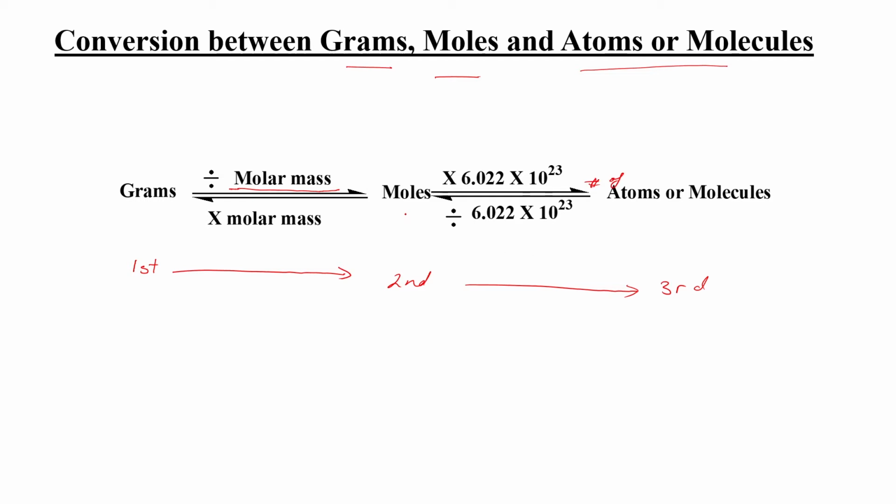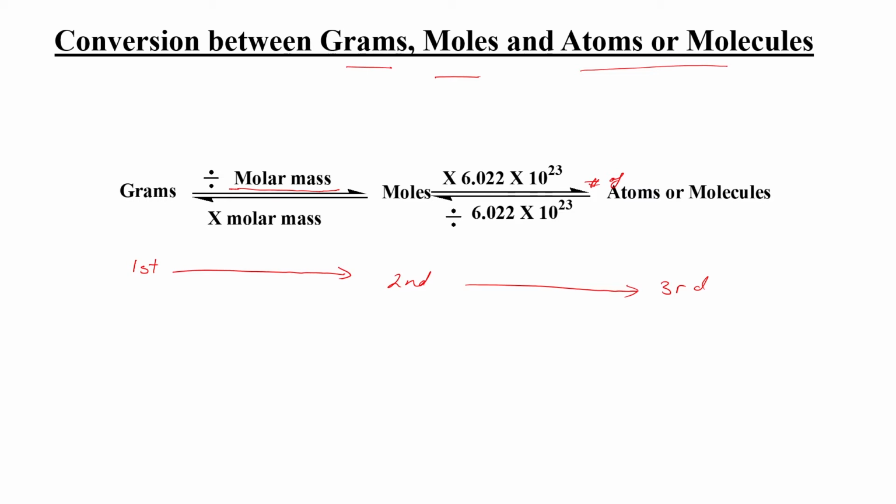When you have to convert the moles to number of atoms or molecules, we use Avogadro's number. You have to memorize this number because it will not be given in the exam. So 6.022 times 10 to the 23 is the Avogadro number that we use to convert moles to number of atoms or molecules. And again, you don't have to memorize whether you are going to multiply or divide because we will be using the unit analysis technique.